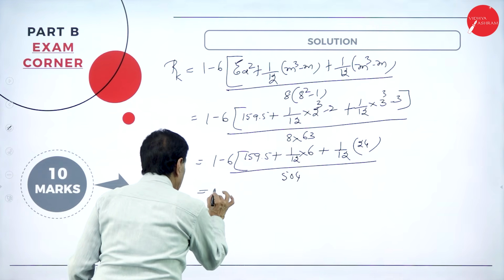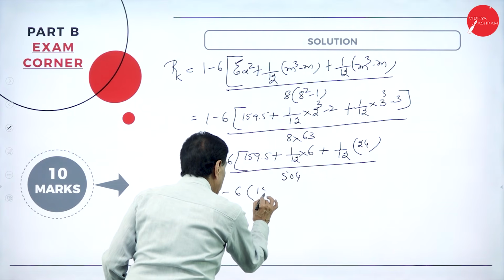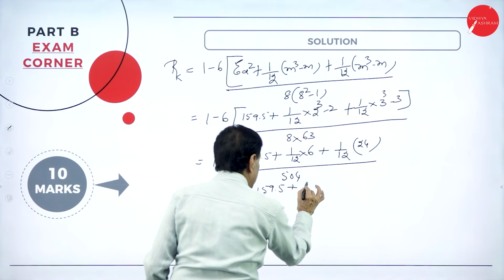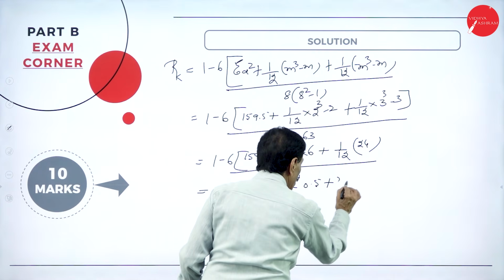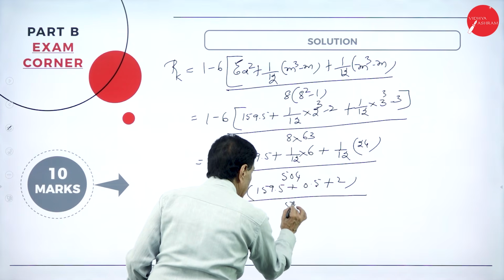Now, 1 minus 6 into 159.5 plus 0.5 plus 2, divided by 504.